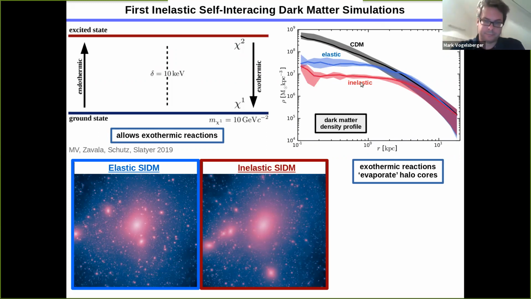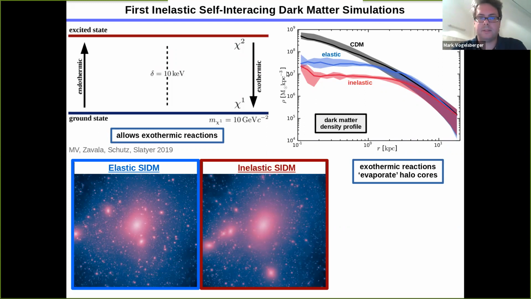The thing I should also say is that the cross-section setup for the elastic and inelastic is the same. The cross-section value is the same, but nevertheless, you get a stronger density reduction in the inelastic case. What's happening in this specific inelastic model is an evaporation effect of the halo cores.